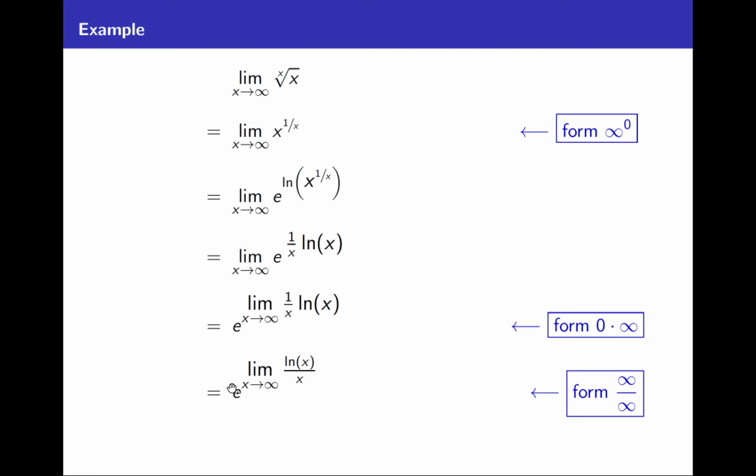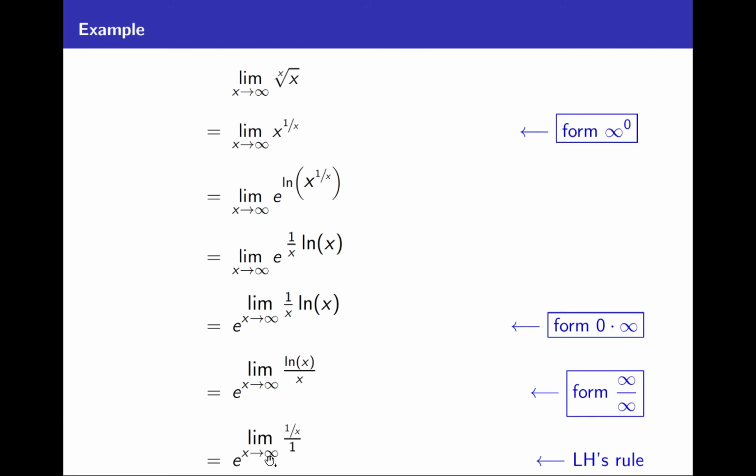Now, don't forget about the little e down there. It's being raised to this power that we're going to apply L'Hopital's Rule to. And in applying L'Hopital's Rule, the derivative of ln of x is 1 over x. The derivative of x is 1. And we get e raised to the power of the limit as x goes to infinity of 1 over x divided by 1, which is just the limit as x goes to infinity of 1 over x.